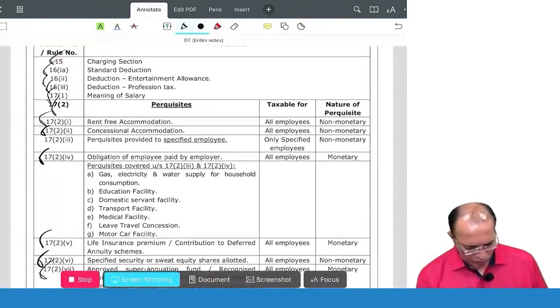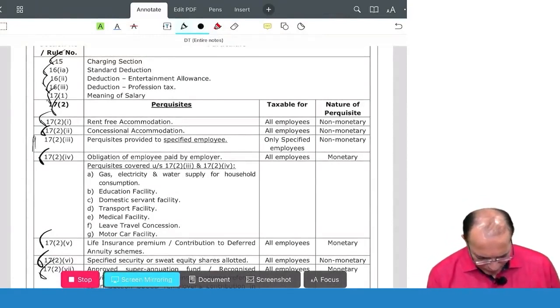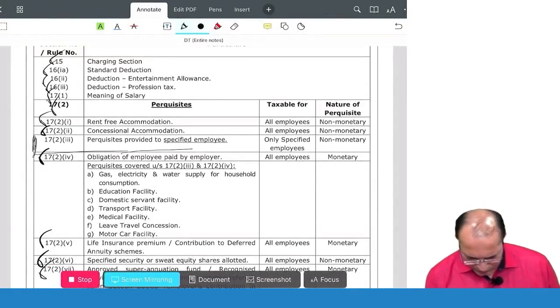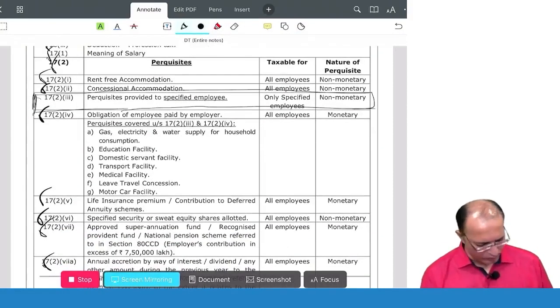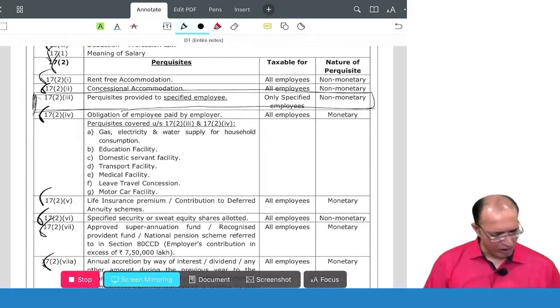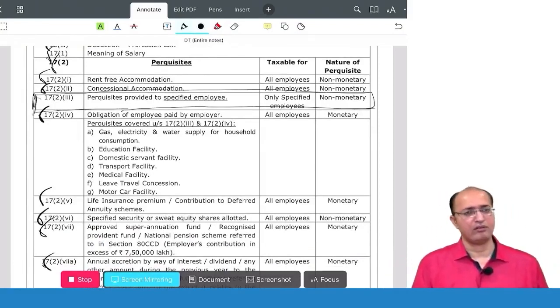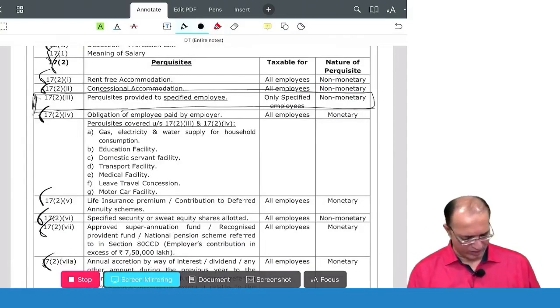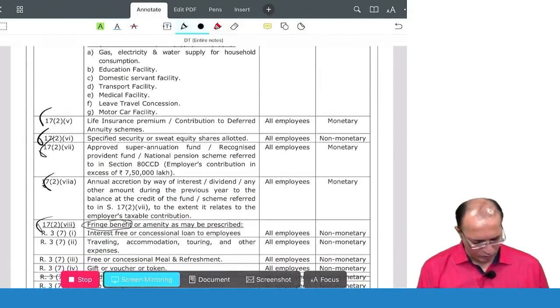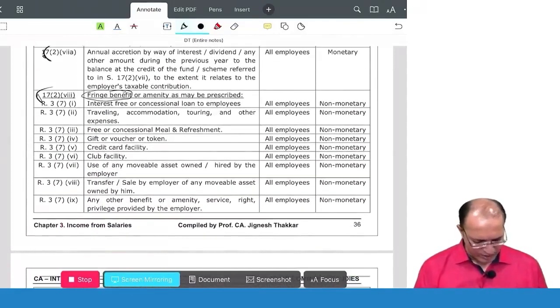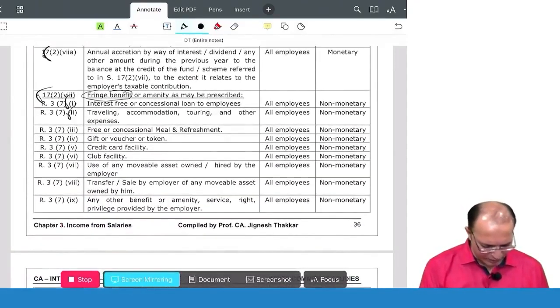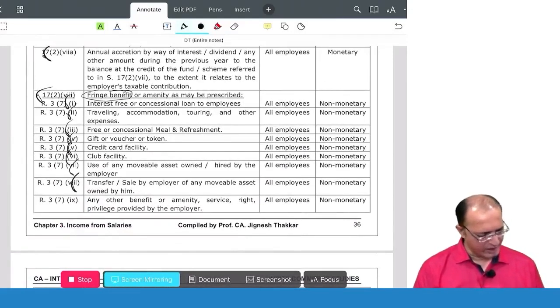Section 17(2) clause 1 is over. 17(2) clause 2 is also over. 17(2) clause 3, this discussion is pending. 17(2) clause 4 is over, but along with 17(2) clause 3, we will also discuss 17(2) clause 4 once again. 17(2) clauses 5, 6, 7, 7A, and clause 8 are also over. In clause 8, we have completed 8 points.